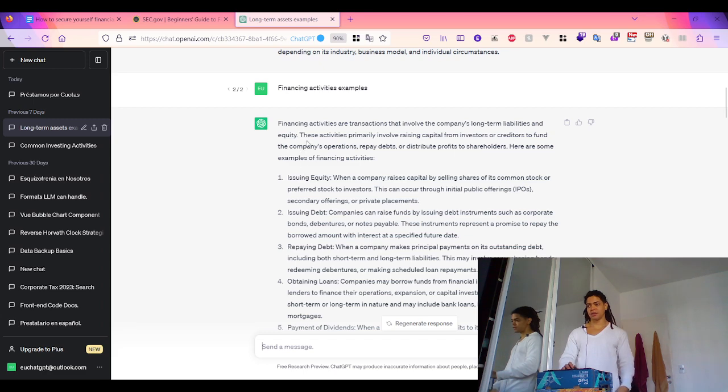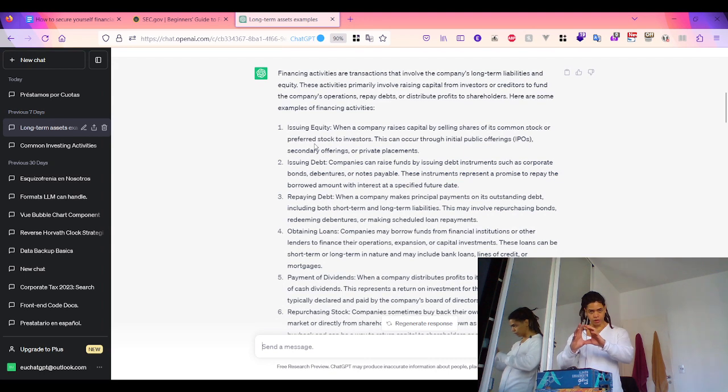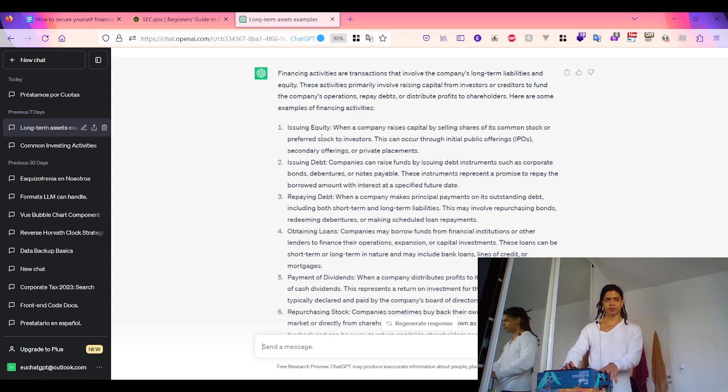And when you look at the most common example of financing activity, because after all, the cash flow here is being reviewed. How do you put it?